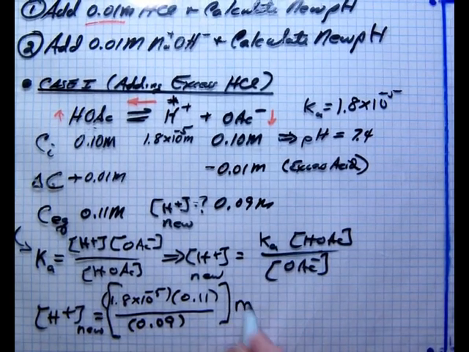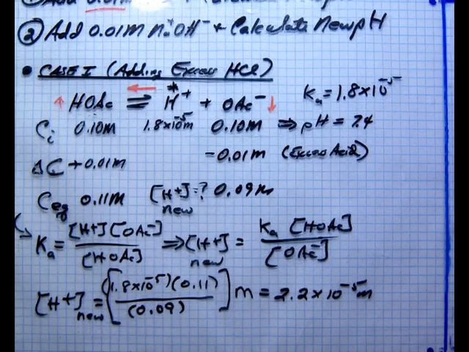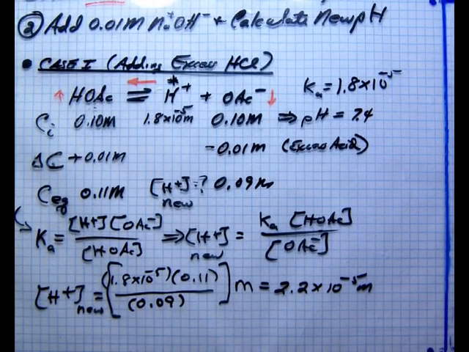Everything's going to finish in moles per liter. And this gives us 2.2 times 10 to the minus 5 mole per liter in hydronium ion, which is in our new equilibrium.